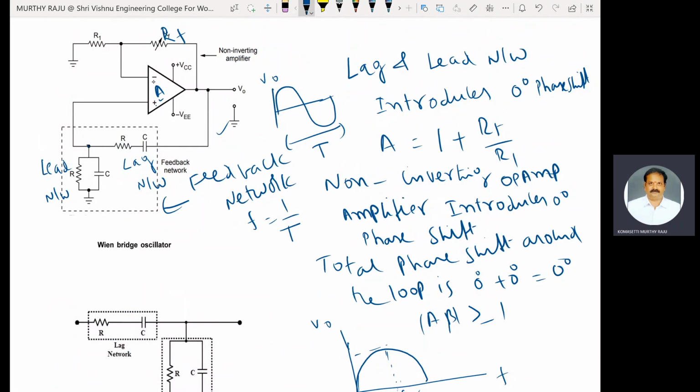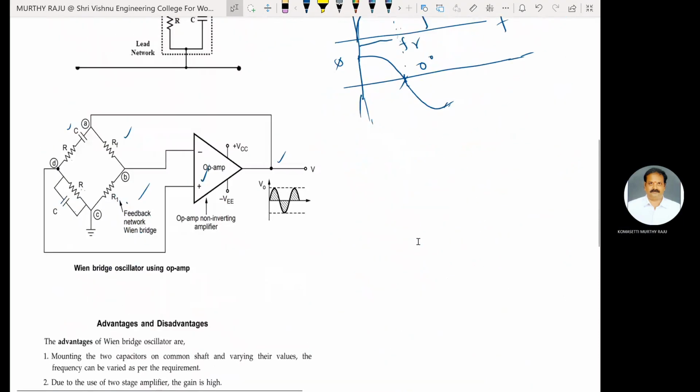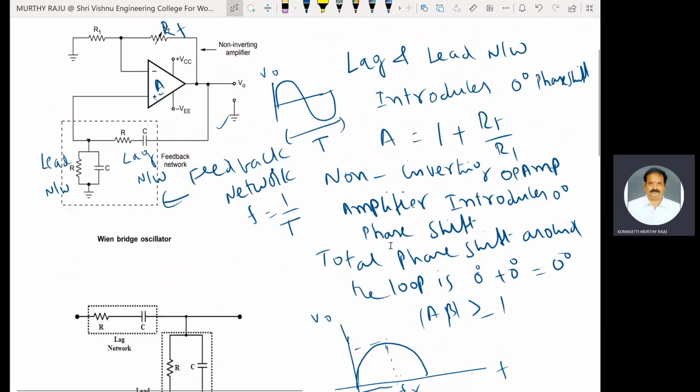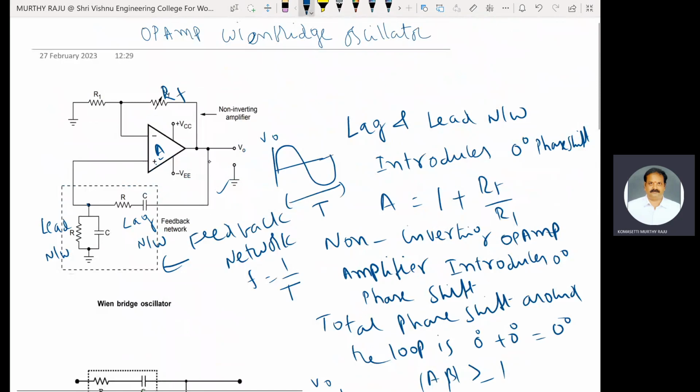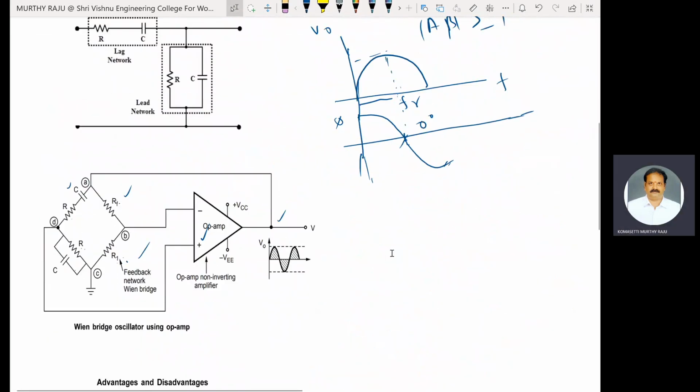The inverting terminal of the op-amp is connected to the junction of R1 and RF. Another end of RF is connected to V0, the output.